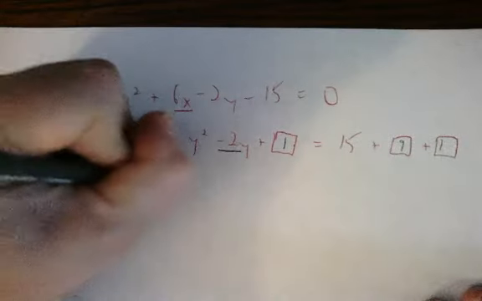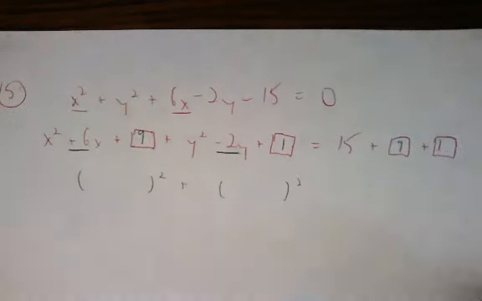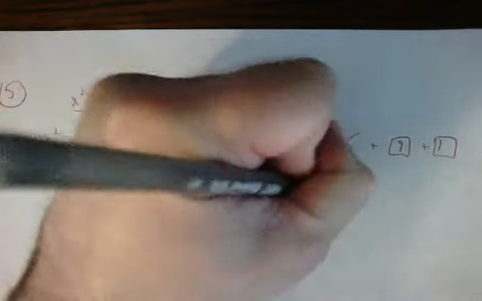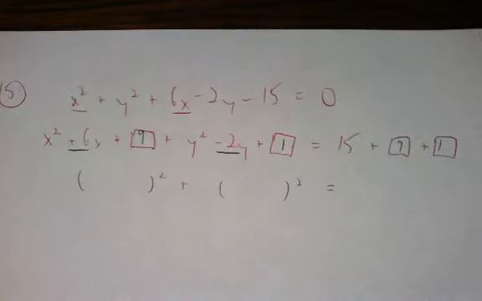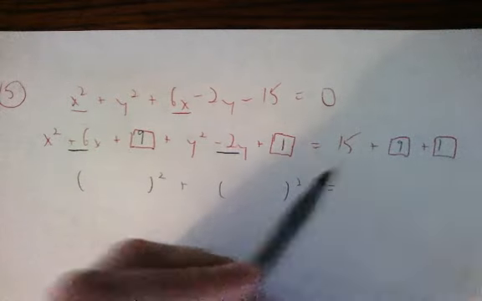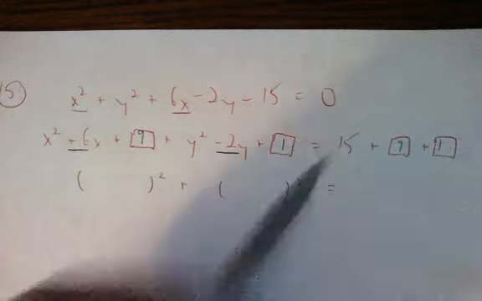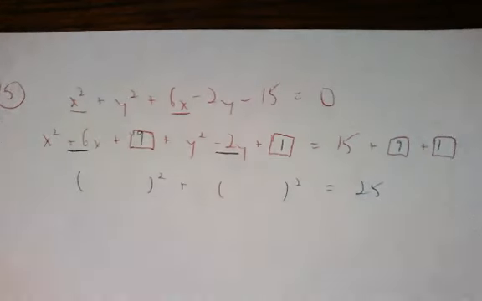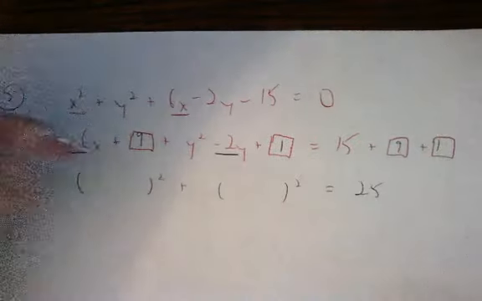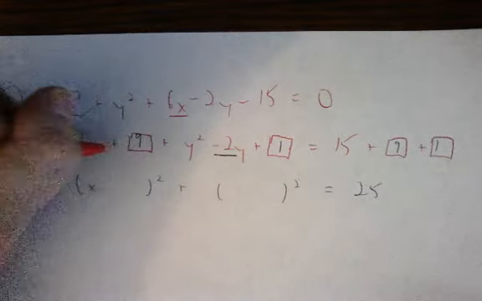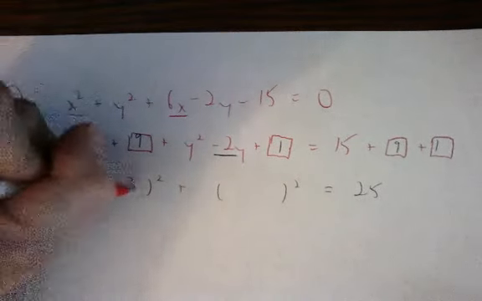Okay? From there, you should be able to write the standard form of the circle. And the reason being, just to set it up, you have your binomial bubble squared with a plus sign between them equals, and whatever's on the right side would be your radius squared. So if you take these three numbers, add them together, you end up with 10 plus 15, 25.